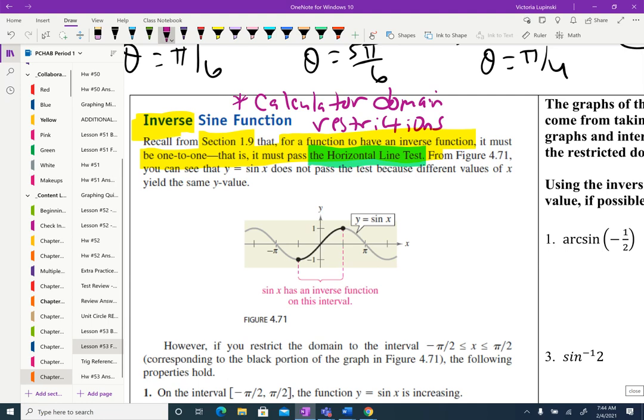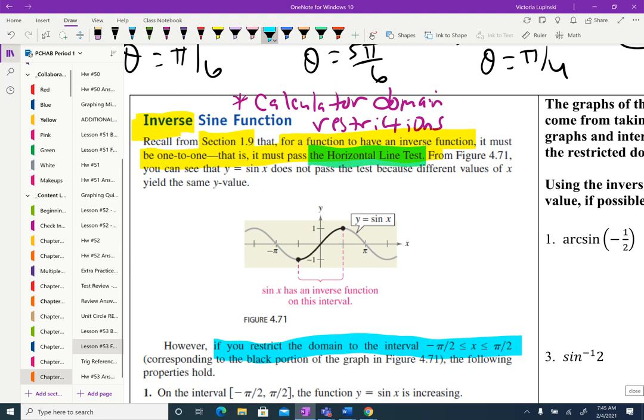Because of the fact that the sine wave goes on and on forever and repeats, if you were to try to do the horizontal line test, you would fail quite often because you would hit the graph more than once for any given y value. So the sine wave fails the horizontal line test. So what you have to do instead is you have to restrict the domain, which means you're only ever going to use a specific portion of the sine wave.